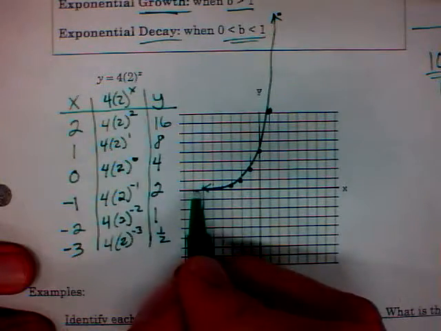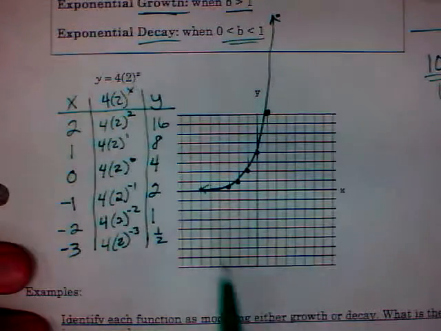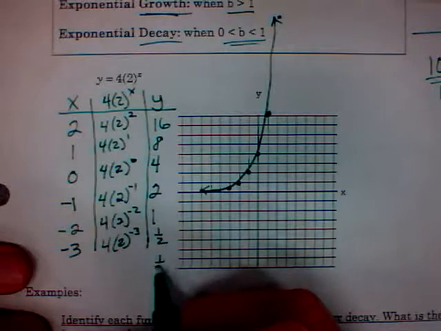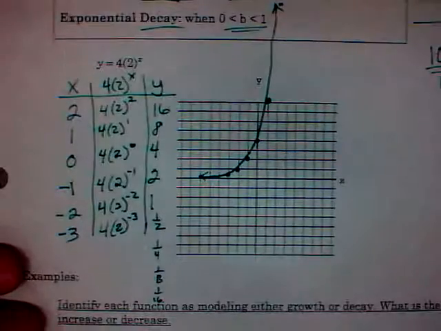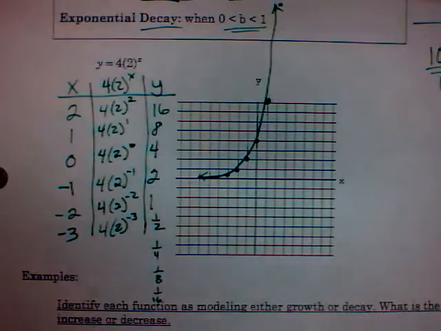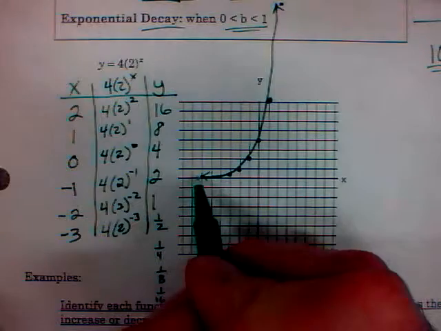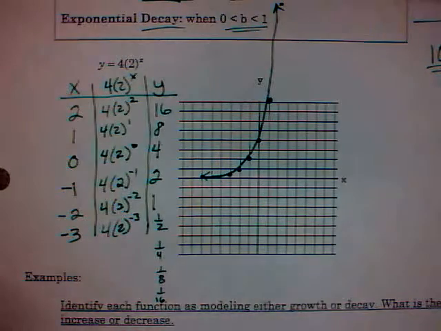But over on this side, this is going to get closer and closer and closer to 0, but it's never going to get there because you're going to keep taking half of this. So this is going to go from a half to a fourth to an eighth to a 16th. It's going to get closer and closer to 0, but you're never going to get to 0. So that's an exponential function. Starts off slowly and then all of a sudden takes off on you.